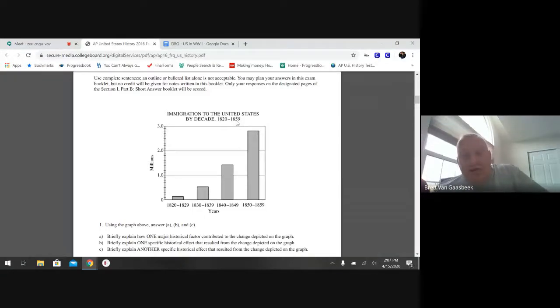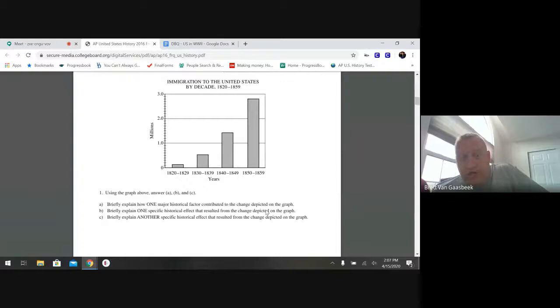So when you got this for the short answer question in 2016, they asked you to briefly explain how one major historical factor contributed to the change depicted on the graph. Now, you could take this a whole host of different ways. The easiest route is that they're trying to get you to say that we were using more and more mechanized, industrial style manufacturing, that we were becoming a more manufacture-based society.